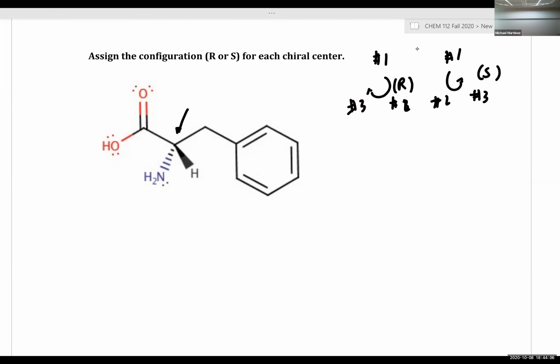So here is the model for our molecule. Let's just focus on the amino acid portion, the stereocenter. As we see, our hydrogen's in the front and our amine is in the back.